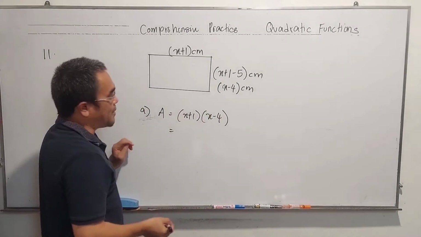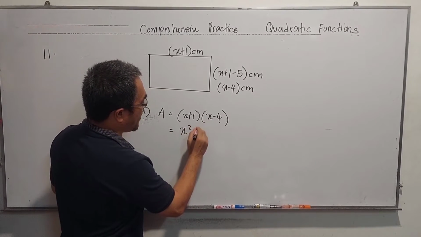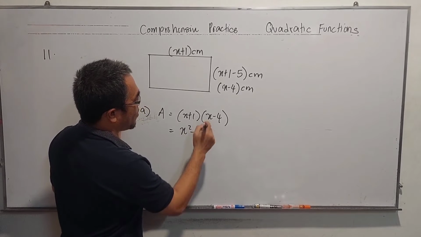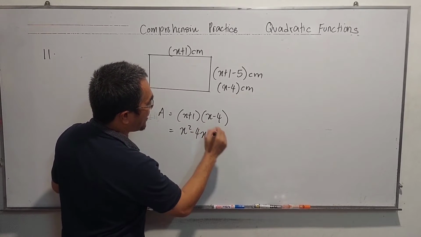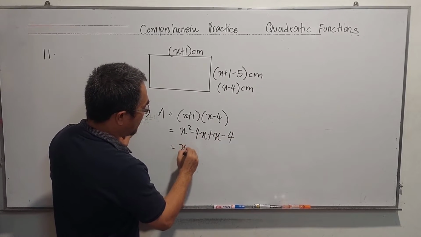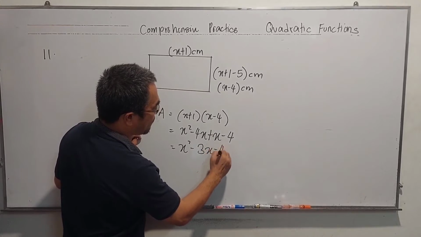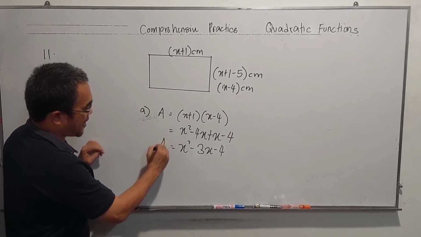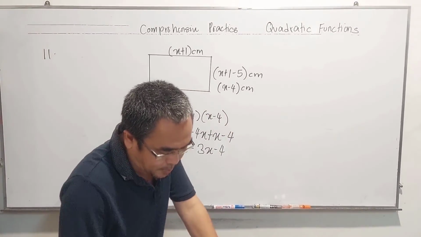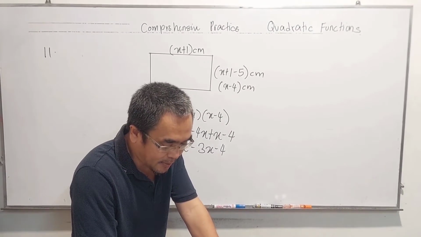Maybe we just expand the bracket. x times x is x squared, x times negative 4 is negative 4x, 1 times x is 1x, then 1 times negative 4 is negative 4. We can simplify to x squared minus 3x minus 4. That is the answer for A, which expresses the area of the rectangle in terms of x.